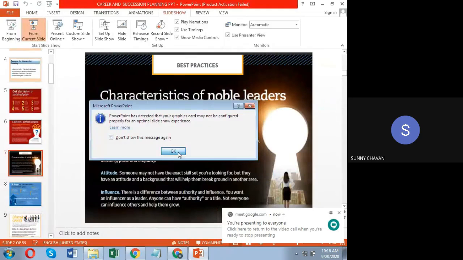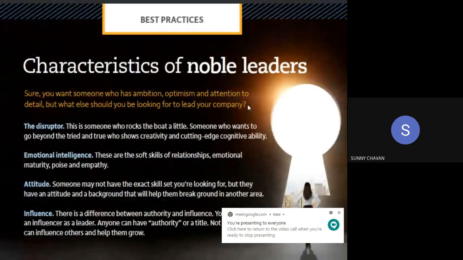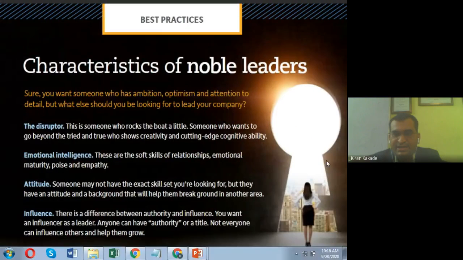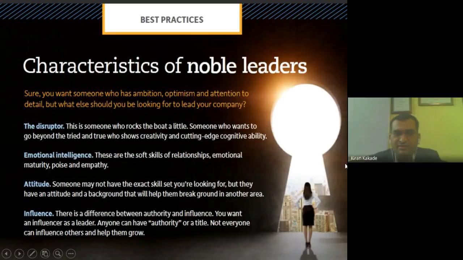Fine. Where we were: this part we have completed. So every leader has unique traits, and everyone has unique potential in how they can influence.